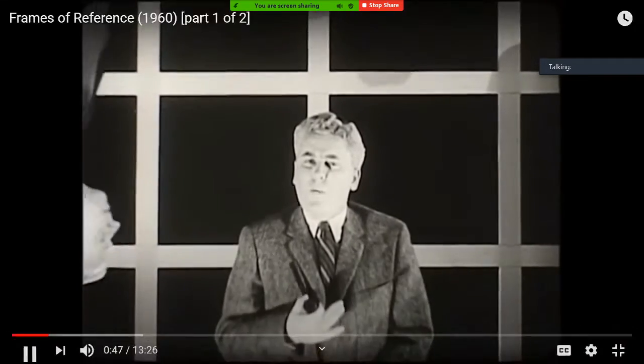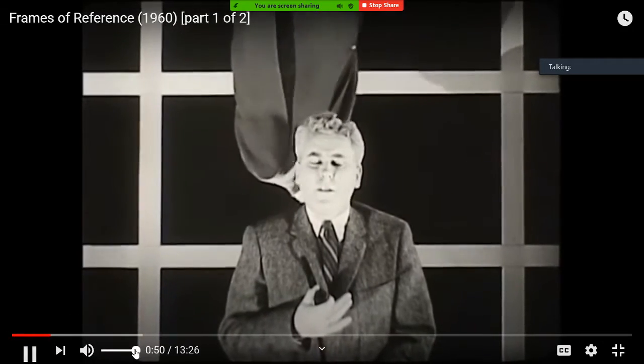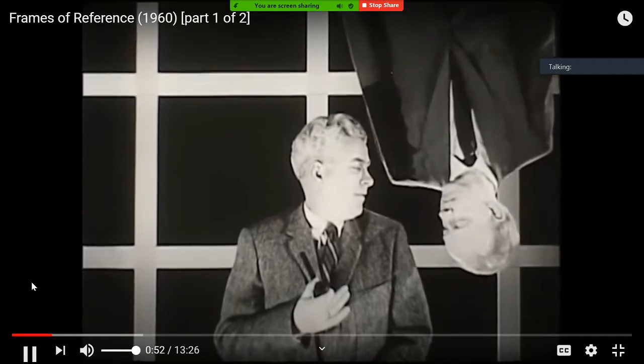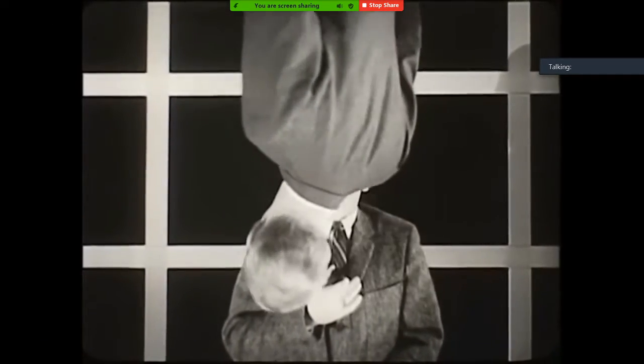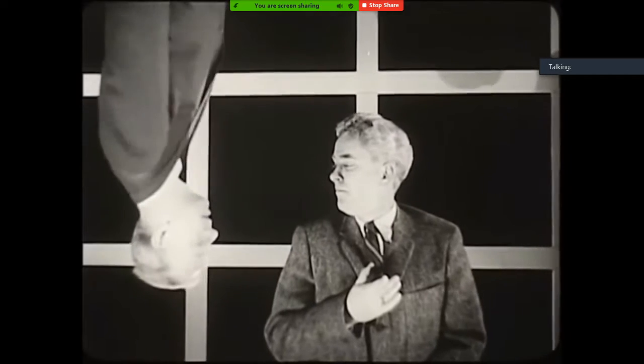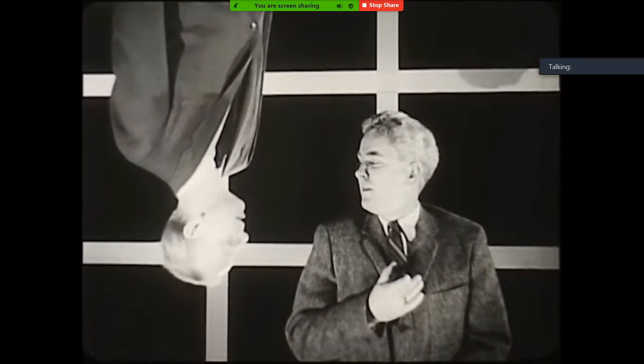We're used to seeing things from a particular point of view, that is, from a particular frame of reference. And things look different to us under different circumstances. At the moment, things look... You look peculiar. You're upside down.